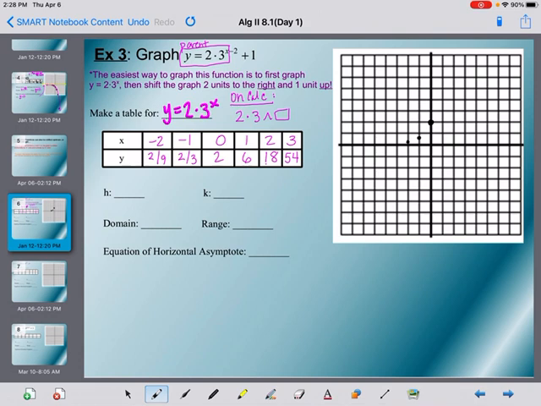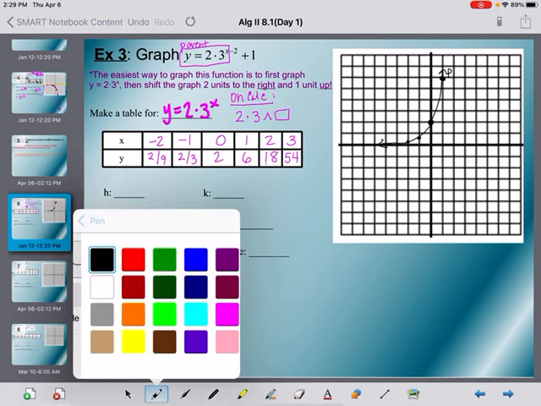And then 1, 6. And then 2, 18 is too big for me to graph. So these points right here represent my parent graph. If you want, go ahead and label that with a P for parent, just like we did in the last chapter. But now we're going to shift our points based on our h and our k.